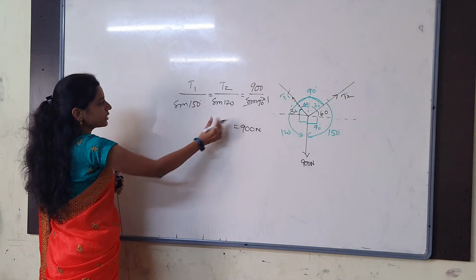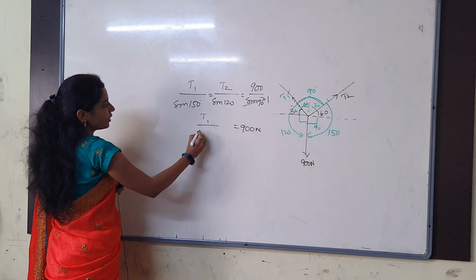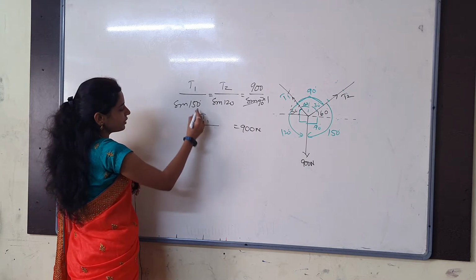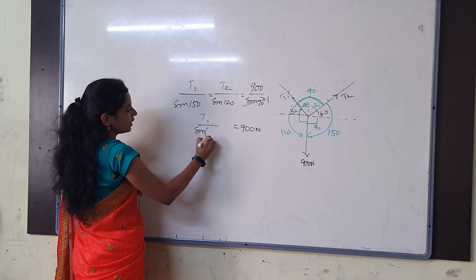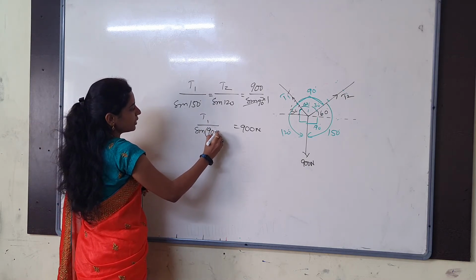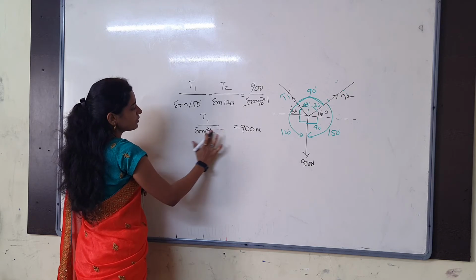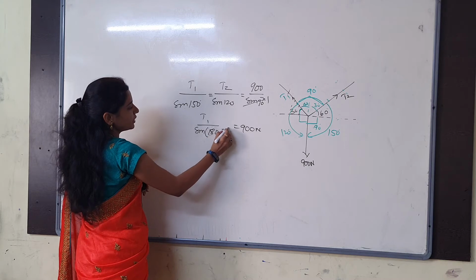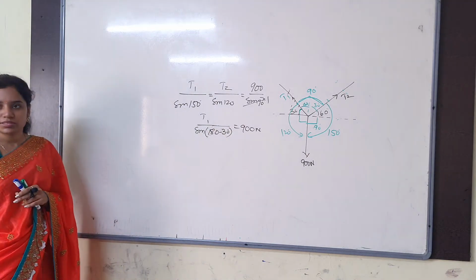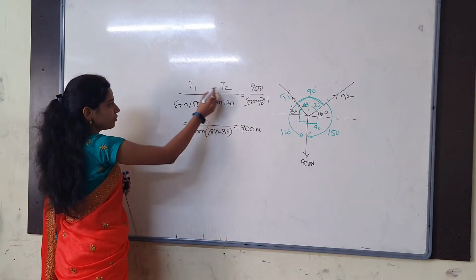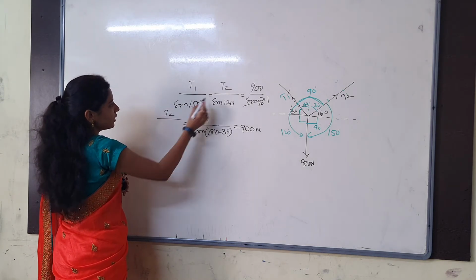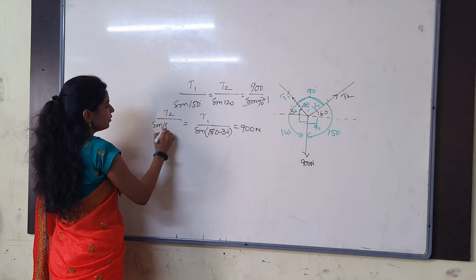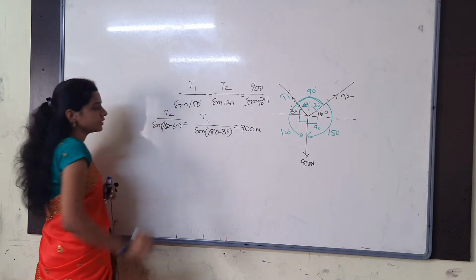So T1 by sine 150 is equal to 900. Sine 150 is nothing but what can I write? Sine 90 plus 60. Otherwise 180 will be easy for us: sine of 180 minus 30. That is equal to T2 by sine 120, which is nothing but sine 180 minus 60 degrees.